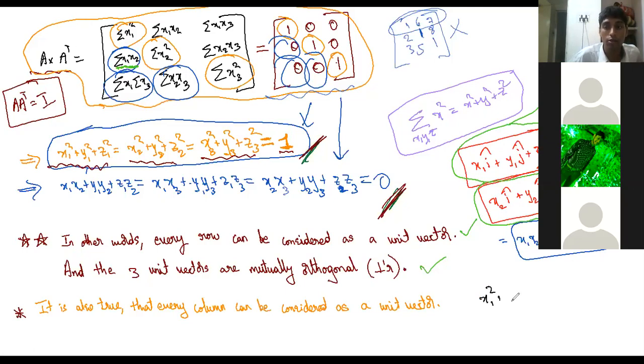x1 square plus x2 square plus x3 square also has to be 1, and this should be the same value of y1 square, and this should be the value of z1 square. And here sigma means y1 square plus y2 square plus y3 square. Sigma is about 1, 2, 3.